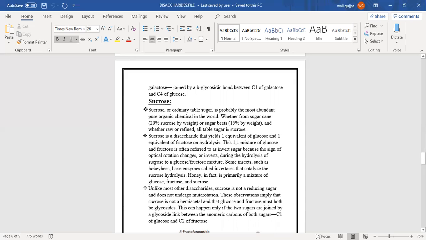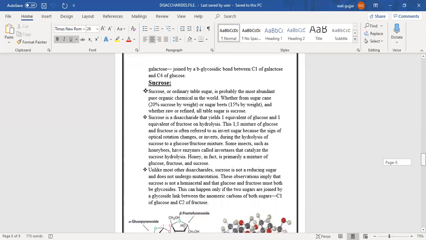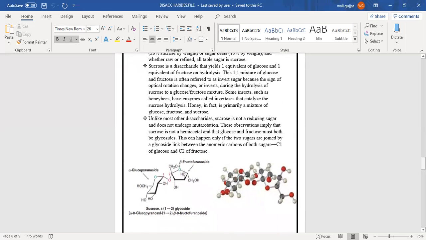Some insects such as honeybees have enzymes called invertases that catalyze the sucrose hydrolysis. Honey, in fact, is primarily a mixture of glucose, fructose, and sucrose. Unlike most other disaccharides, sucrose is not a reducing sugar and doesn't undergo mutarotation. So it is unlike other disaccharides because they exhibit mutarotation.